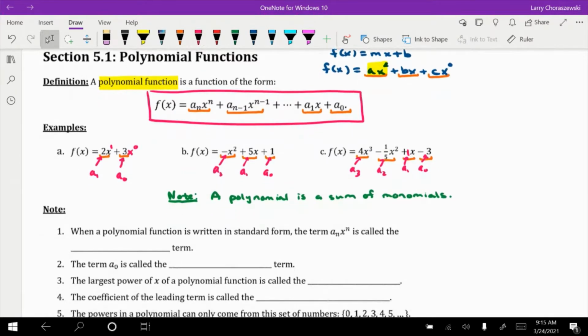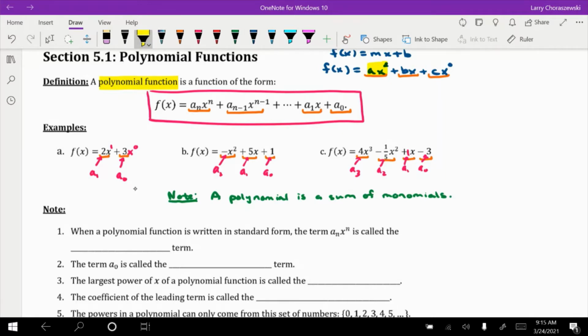Okay, well, let's get to some terminology here. Then we'll do some classifying. So when a polynomial function is written in standard form, which all of these in A, B, and C are, the highest term or highest power goes first, and so on and so forth.